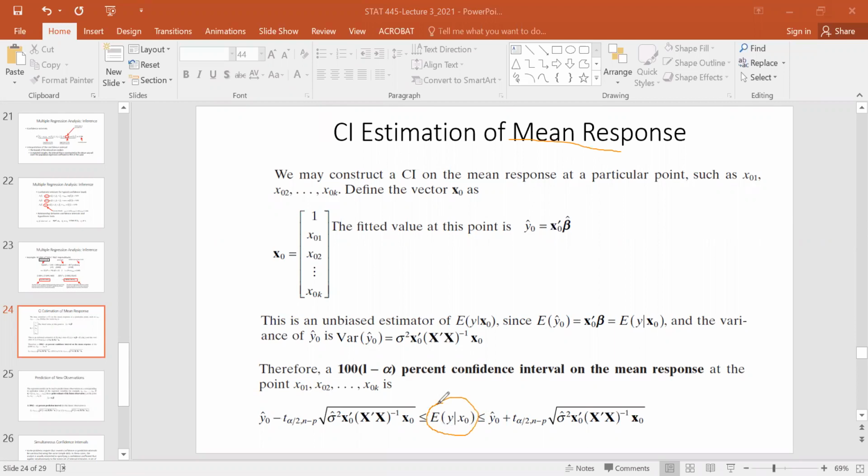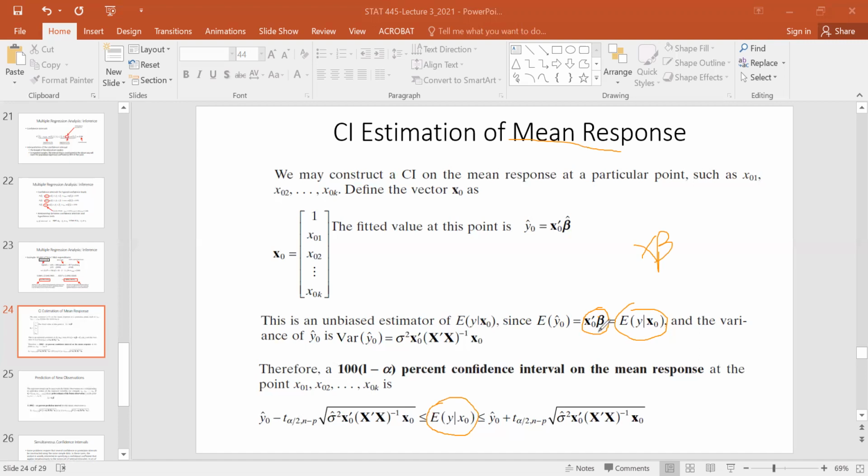Remember that the mean response is the expectation of y conditional on the point x0. The mean response is always X beta. In the textbook that I picked this from they use X transpose beta, but we have been using X beta. That's fine.